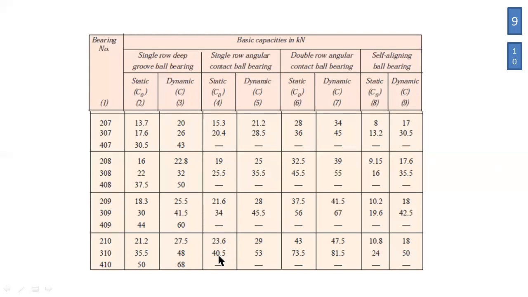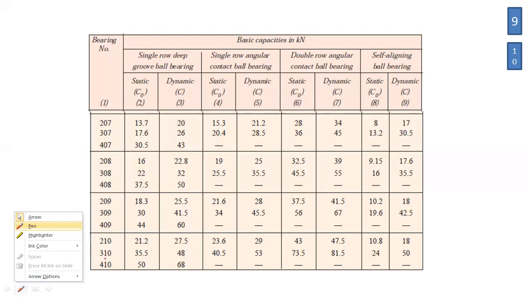The C naught value is 40.5 and the equivalent dynamic load rating, capital C, equal to 53 kilonewtons. So this value is our required value. Capital C equal to 53 kilonewtons for angular contact ball bearings, bearing number 310.